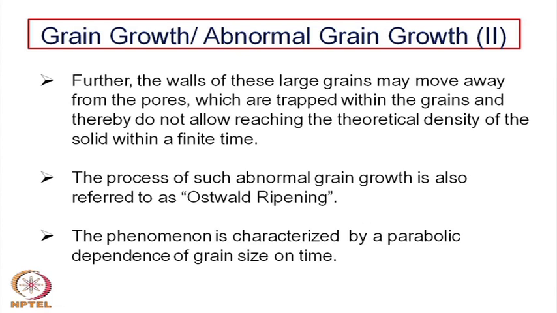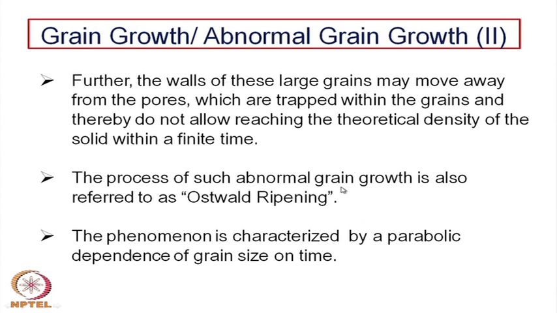So, there is a possibility that no further pore removal takes place. Abnormal grain growth also has that kind of problem: the pores get entrapped and do not get the chance to be removed.